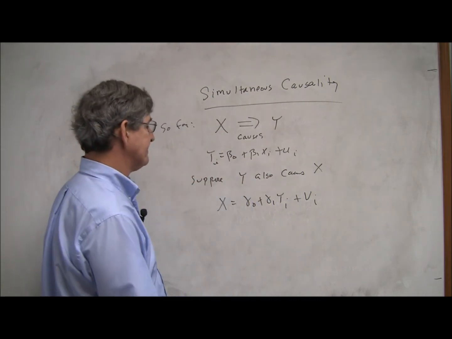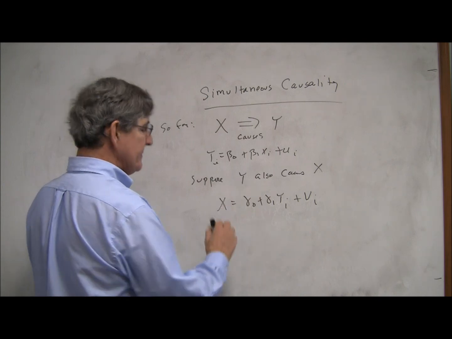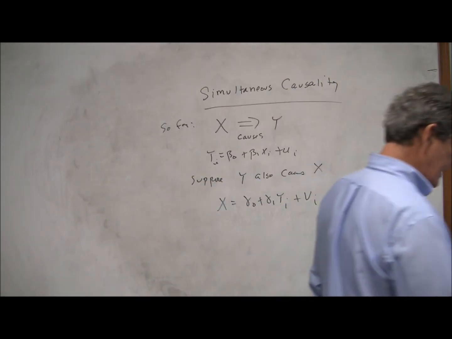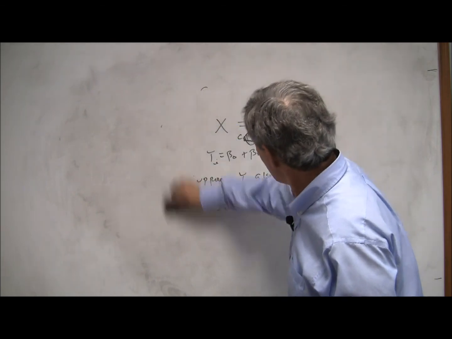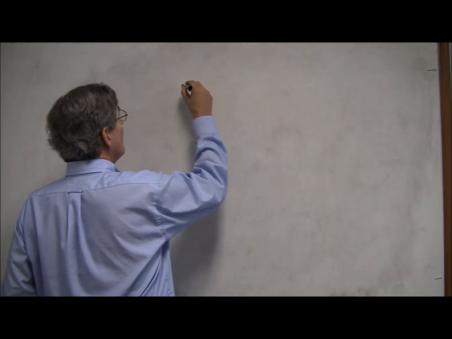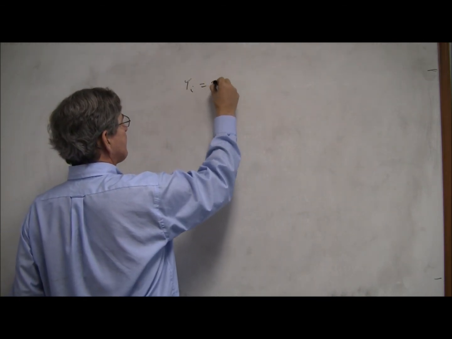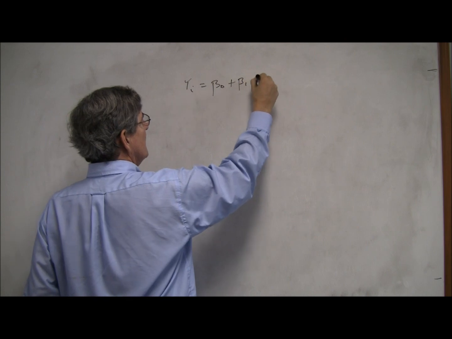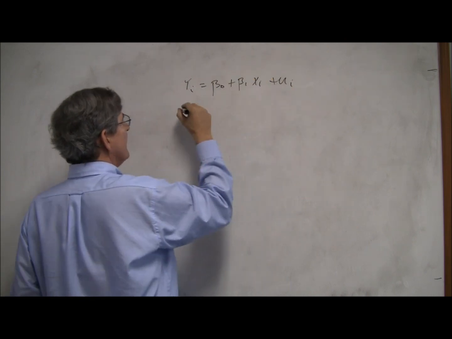Here's how it works. Let me just write the two equations so we can point and do this result easier. So let me just write down the simultaneous causality. So we have the usual causality and reverse causality.